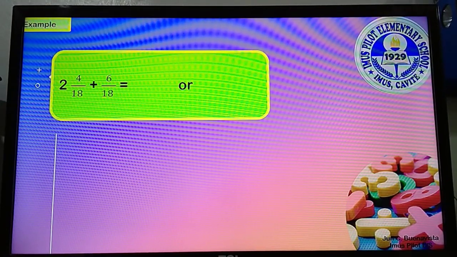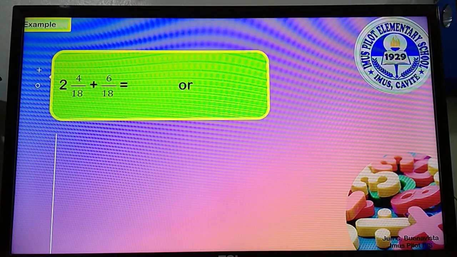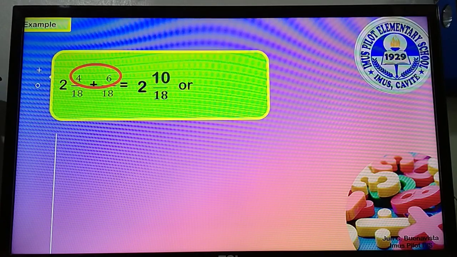So, since we have only one whole number, you have to copy 2. Then, copy first the common denominator, which is 18. Then, 4 plus 6 equals 10.